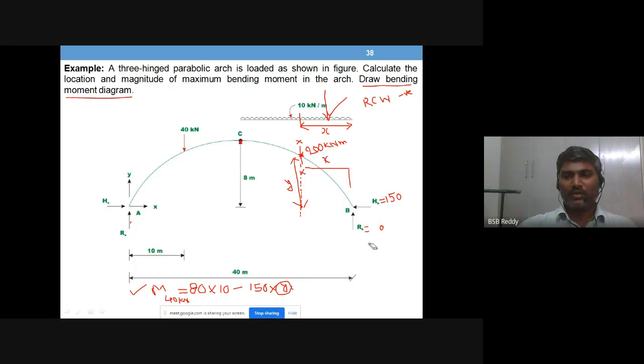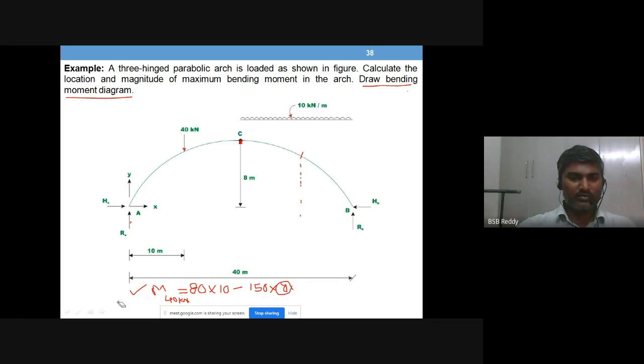How to proceed for drawing the BMD is again a different task, because in the Mx equation, the Mx value is proportional to x in the first term, and proportional to y in the second term.